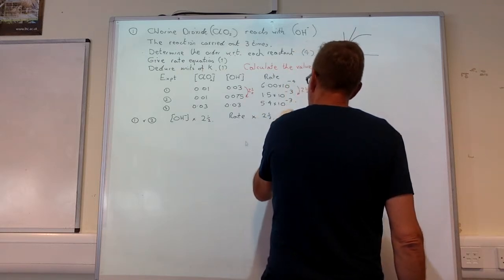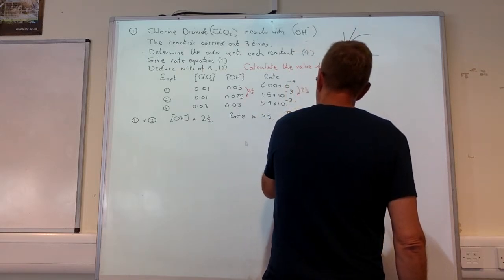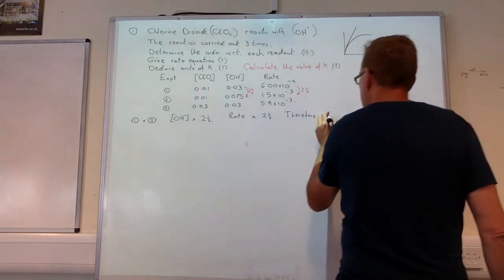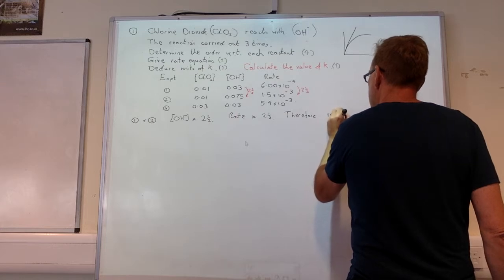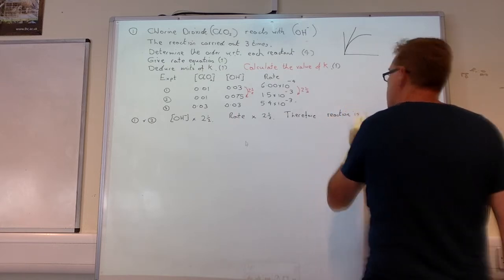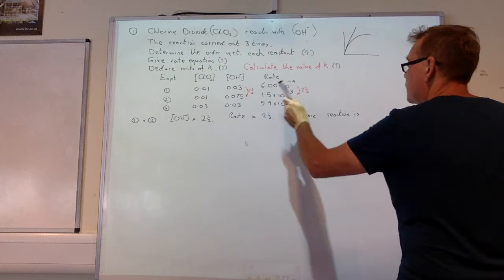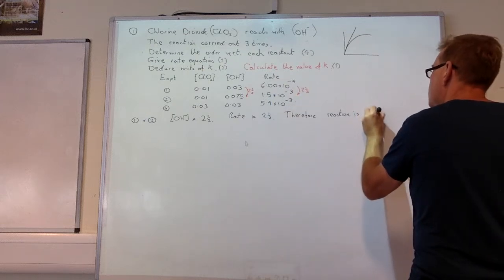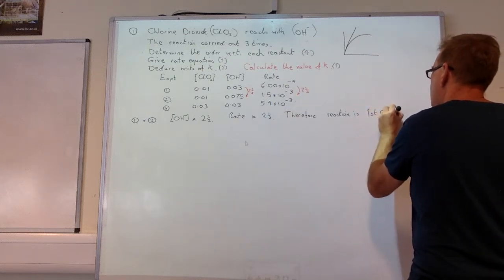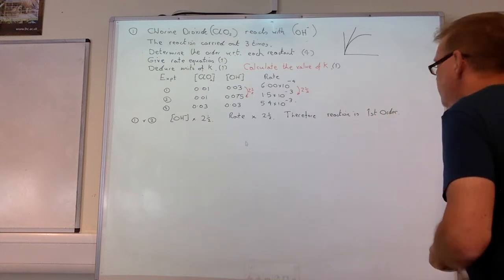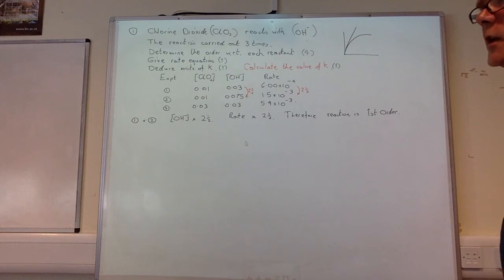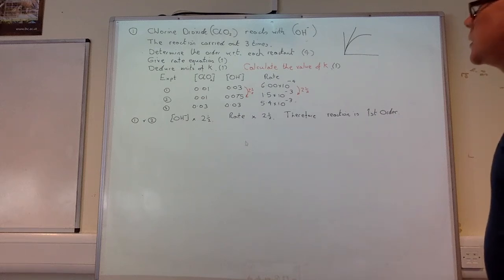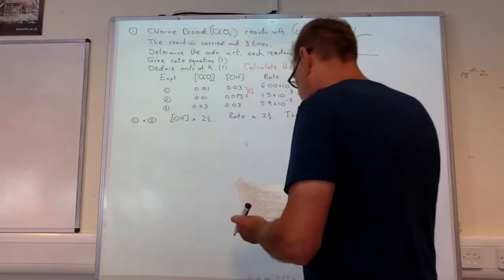Therefore, reaction is first order. I think I told you that wrong in one of the first videos. First order. That goes up 2.5, that goes up 2.5, a linear proportional relationship. First order, okay? Job done.